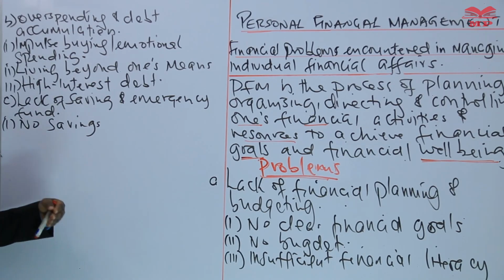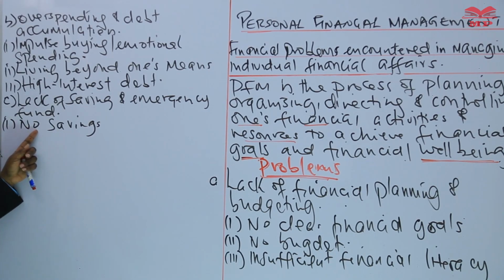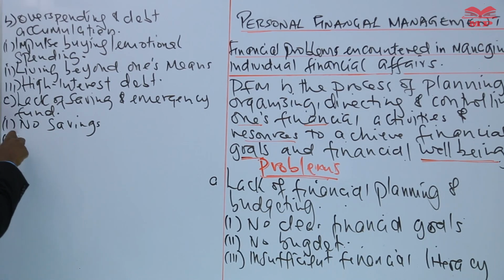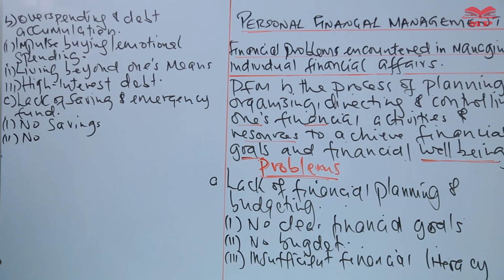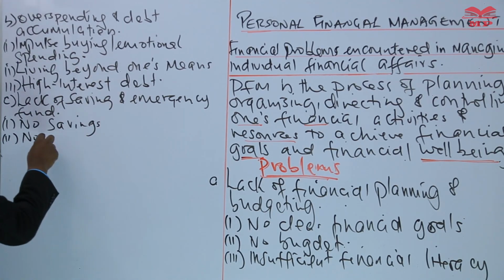So not having a sufficient amount of savings can make individuals vulnerable to unexpected expenses and financial emergencies. Number 2, having no emergency fund.